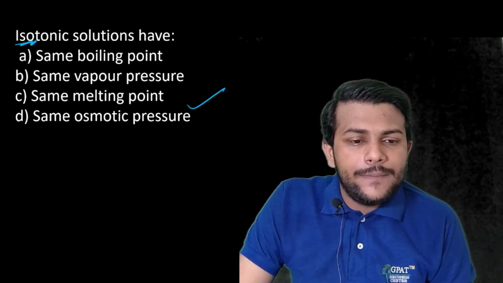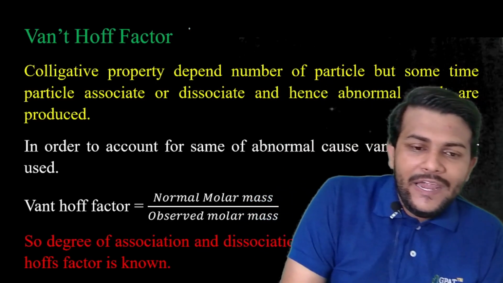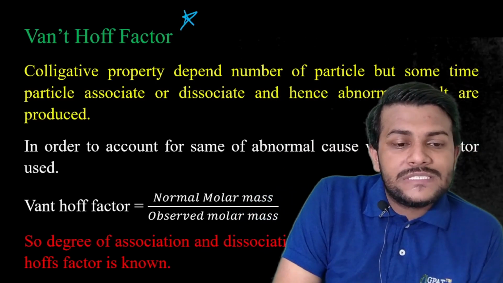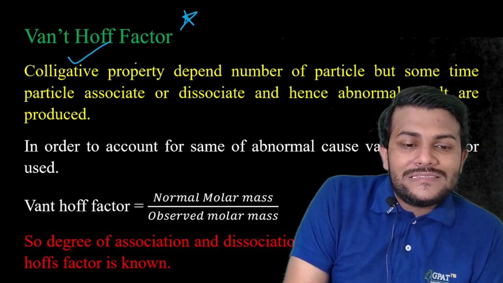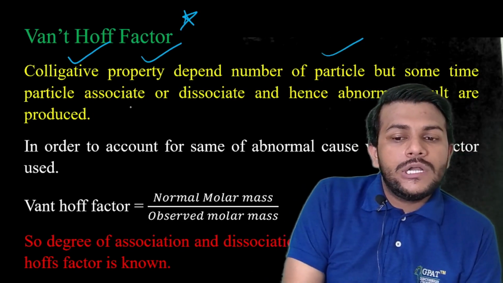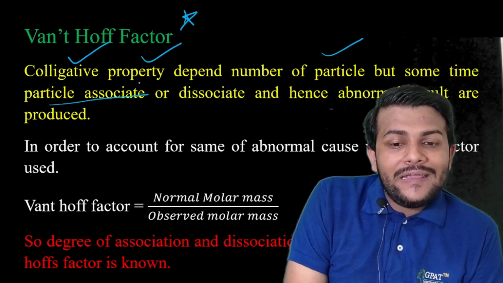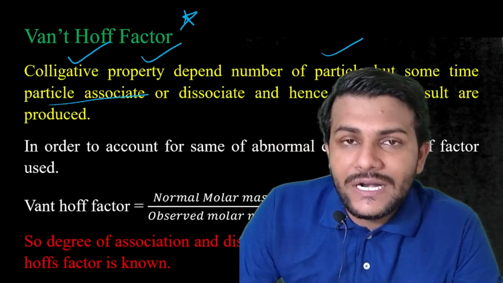Got it? So there is a little concept here also, the Van 't Hoff factor. It is miscellaneous, but you should not skip this topic. Sometimes it is noticed that a colligative property depends on the number of particles, but sometimes particles may undergo association and dissociation, hence there is an abnormal result.